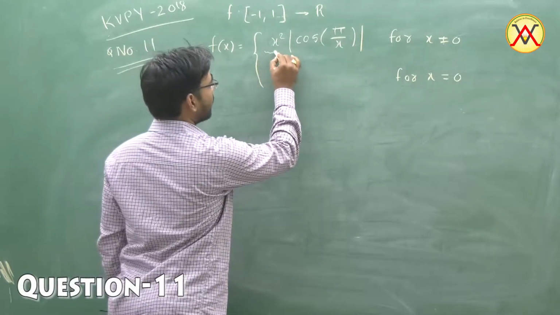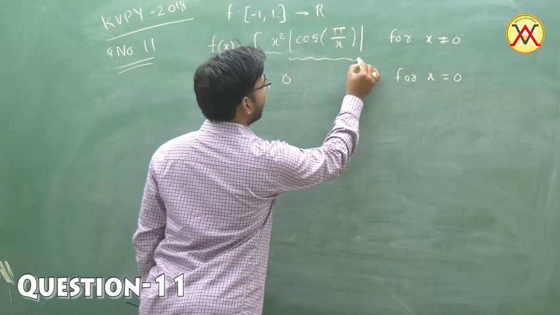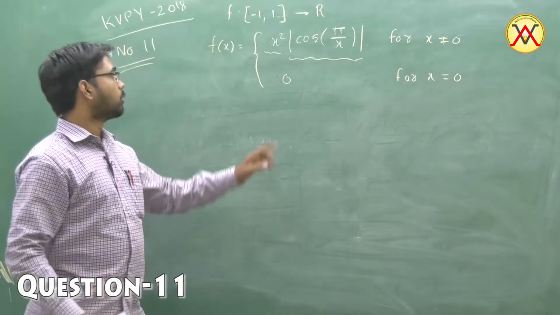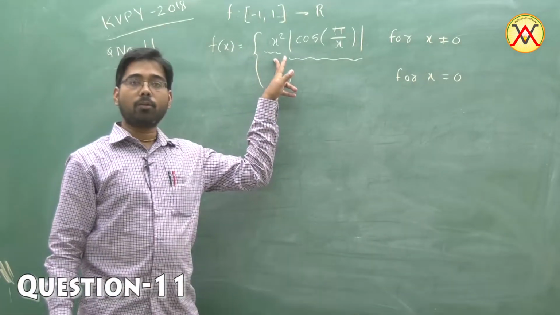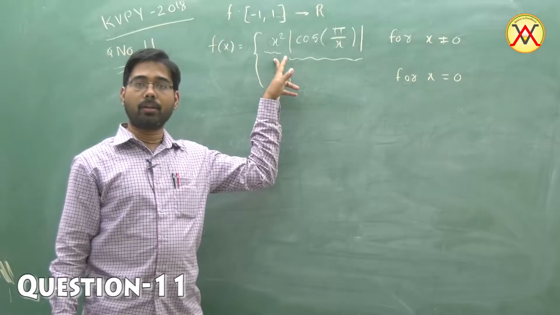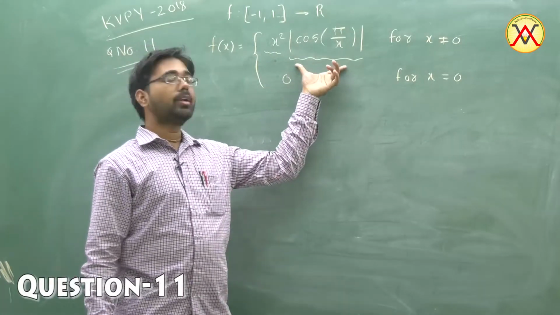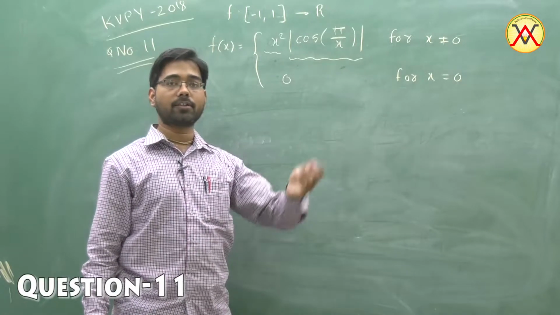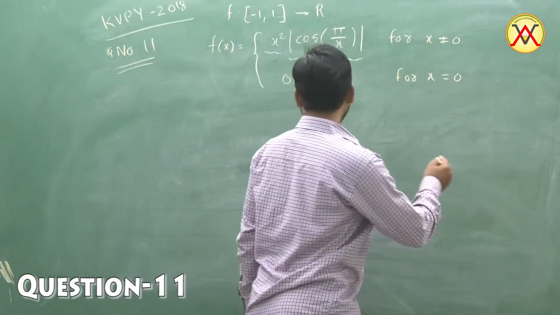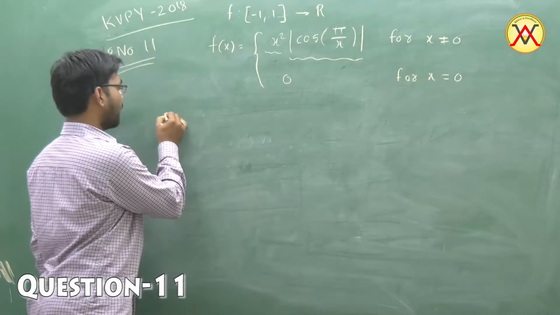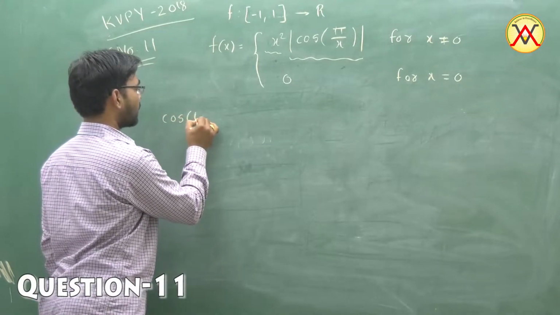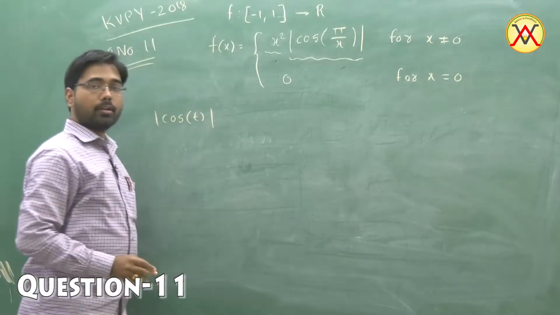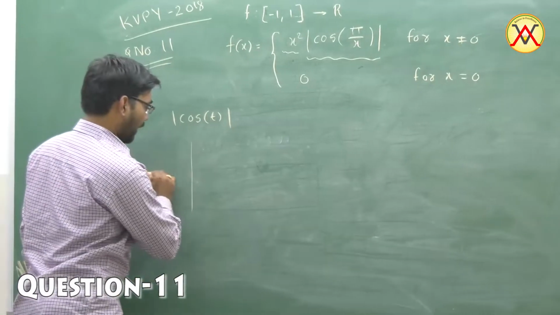Here we have this x square component, and then we have this. So we have x square, which is always continuous and differentiable, and we have this component modulus of cos(pi/x), let's say mod of cos t. If you see the graph of mod of cos t, it looks something like this.